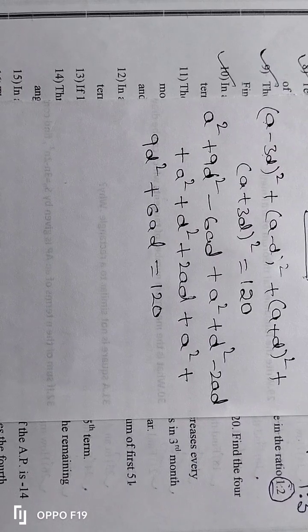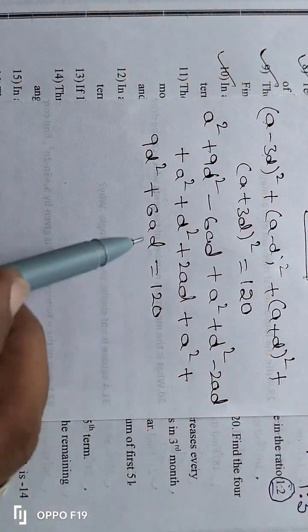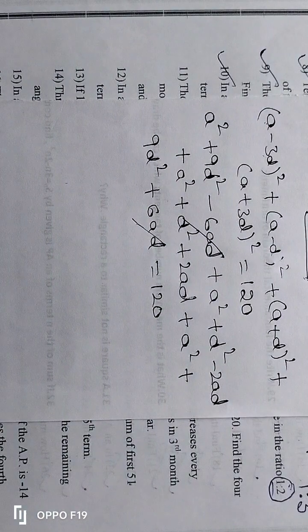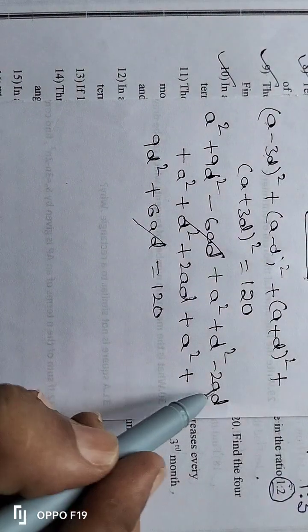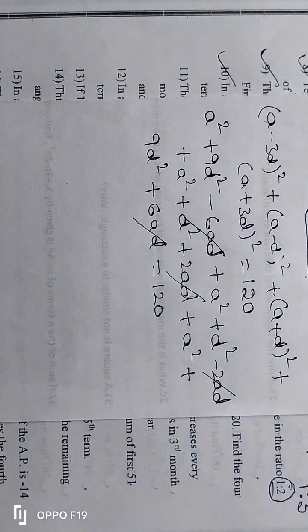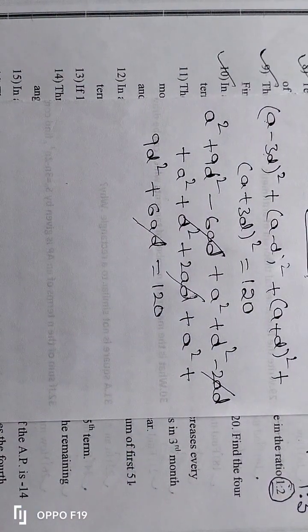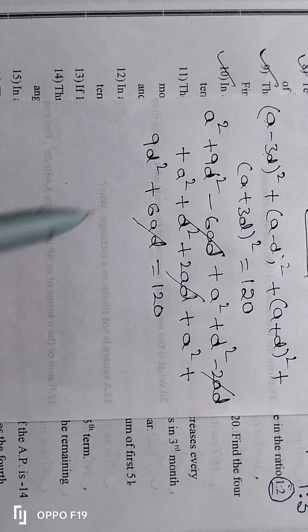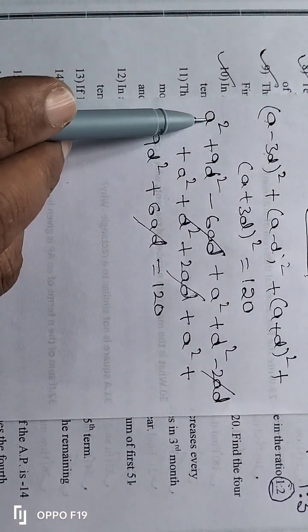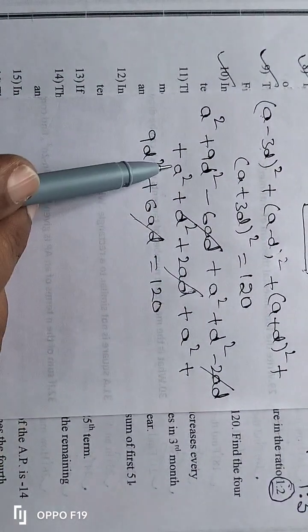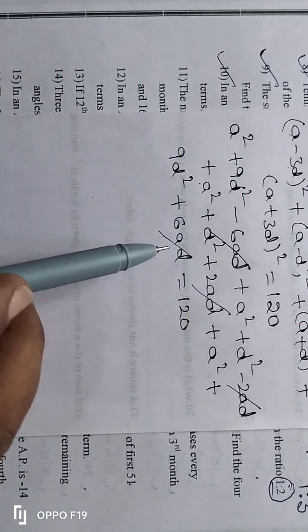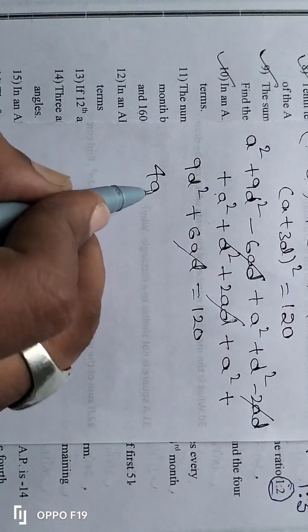Now let us solve it. Plus 6ad minus 6ad will get cancelled. Minus 2ad plus 2ad will get cancelled. Then how many a squares are there? You count 1, 2, 3, 4, so 4a square.